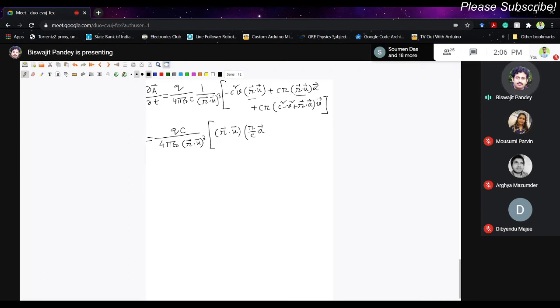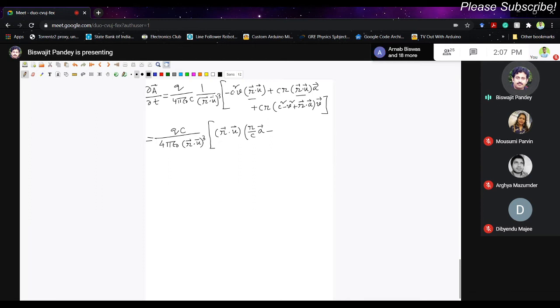I'm writing this term first. If I take r dot u common from these two, and c square is already taken outside, then you have to divide by c square, that means r by c, this is the acceleration vector. r dot u is taken outside of this, so r by c into a, minus the first term.